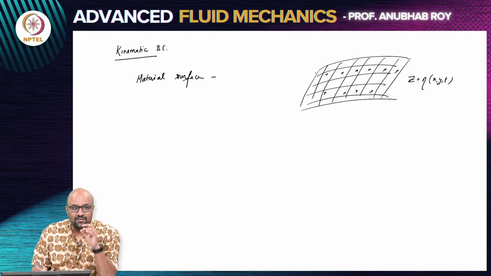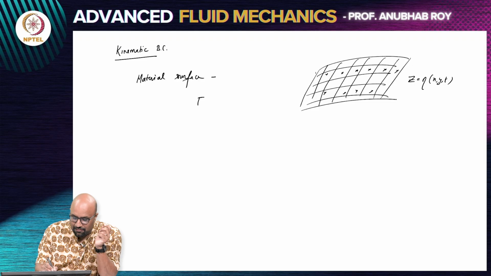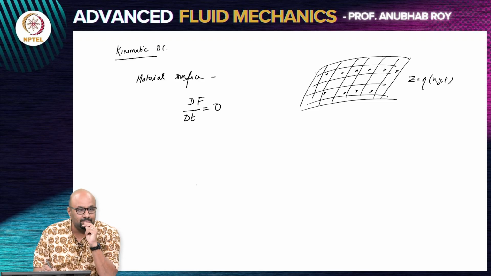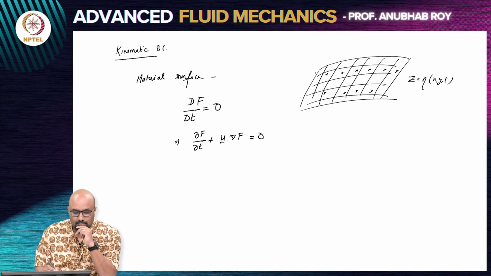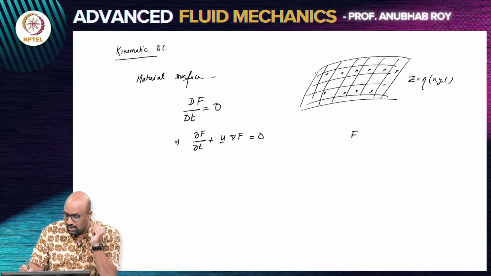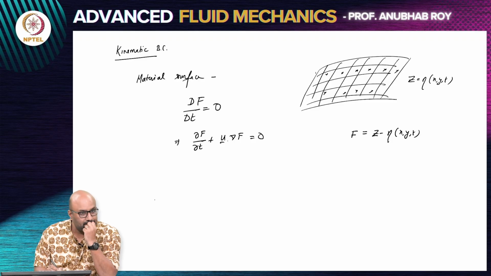And by definition, if something is a material surface, that object will have its material derivative be 0. There will be no rate of change of that quantity. So in the Eulerian sense, now here the material surface is the equation of that surface for me, z minus eta(x, y, t).